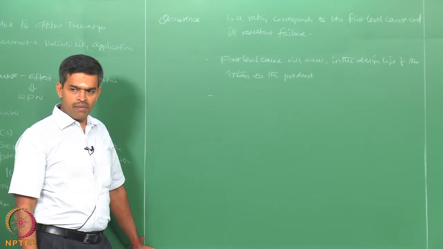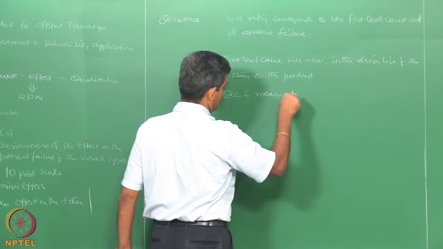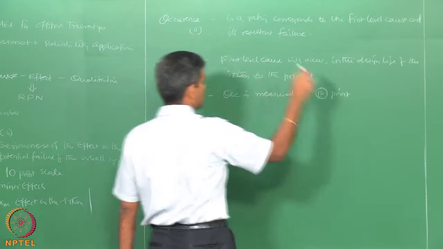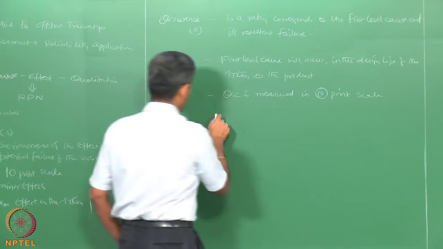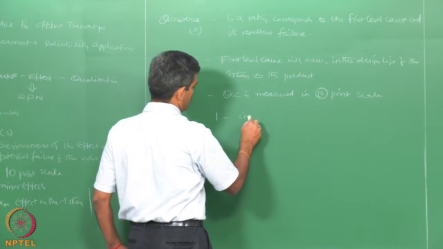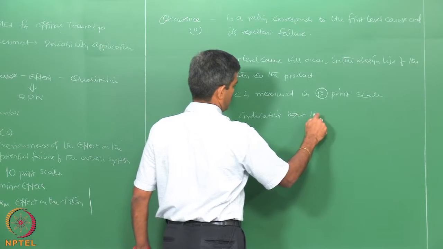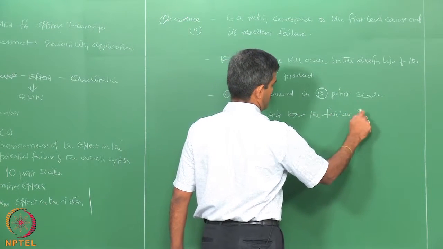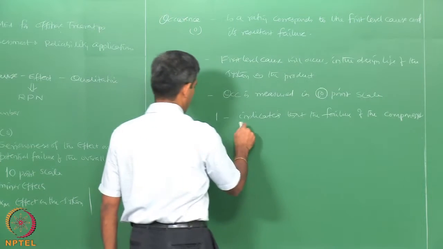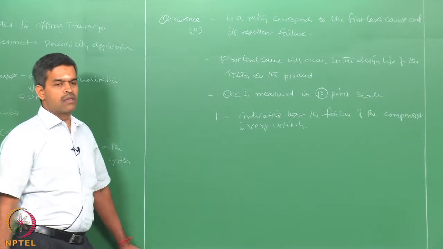Occurrence is again measured on a 10-point scale. We will say this as O. Relatively, 1 indicates that the failure is very unlikely. It means the component will not fail at all.